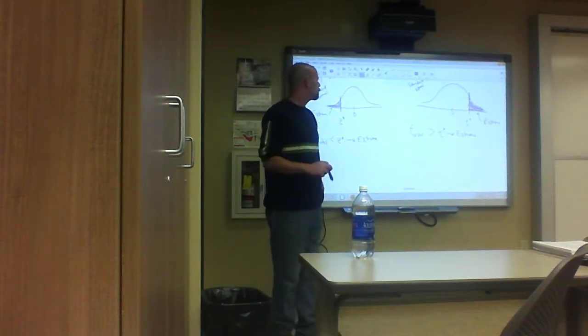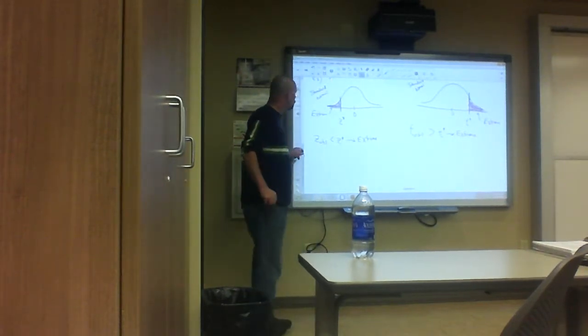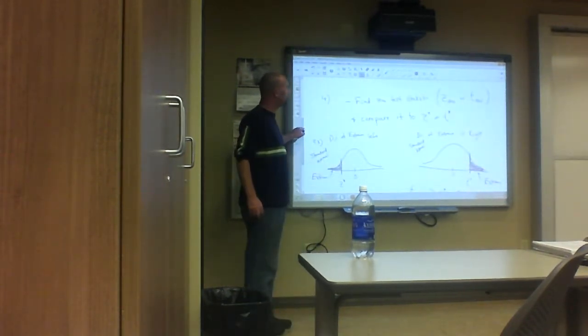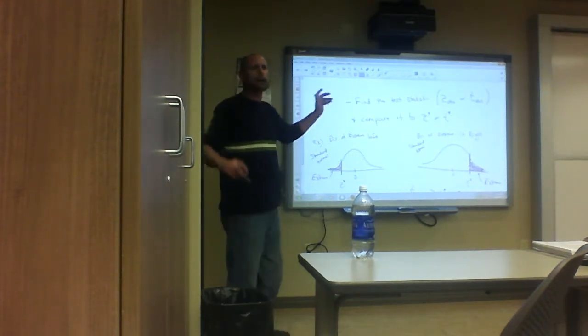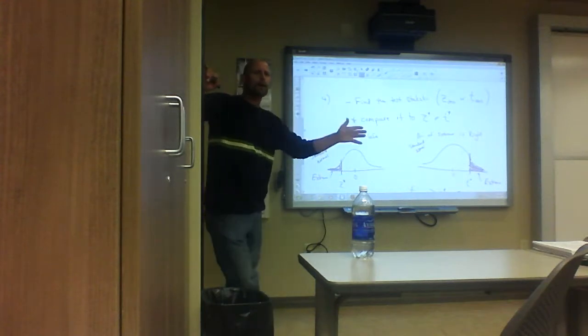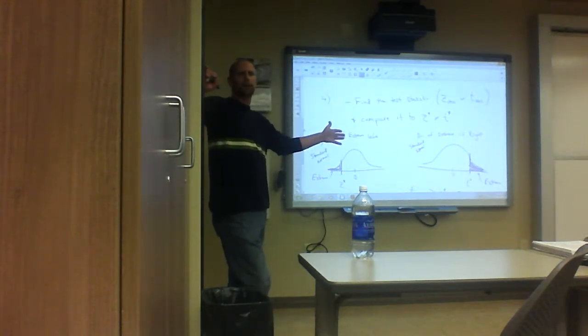Okay? The t is a little bit different. So we're finding our test statistic and we're comparing it to T star or Z star in order to determine if the number of standard deviations away from the mean our observation qualifies us for being extreme based on our level of significance.